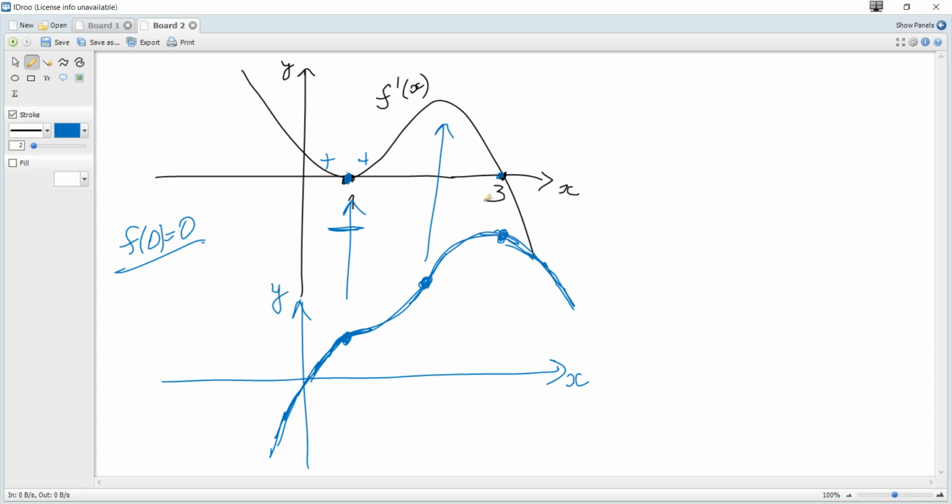Something like this. And I don't know the coordinates of these points, where exactly they are, so we just sketch a graph. But we can show clearly that it's x equals 1 here and x equals 3 here. So it looks like this, and that's all for this question.